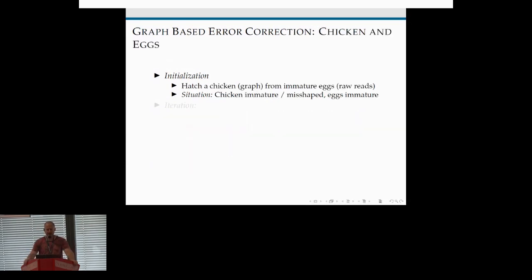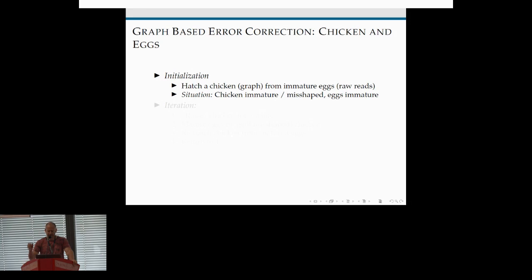All right, in the chicken-egg world, we hatch a chicken from the immature eggs or no eggs, or however you frame it. You had really nice graphs in the talk before, but the graphs that we have at the beginning look terrible. They're full of, I don't know, error-induced bubbles and stuff. It's like a foam bath of bubbles.